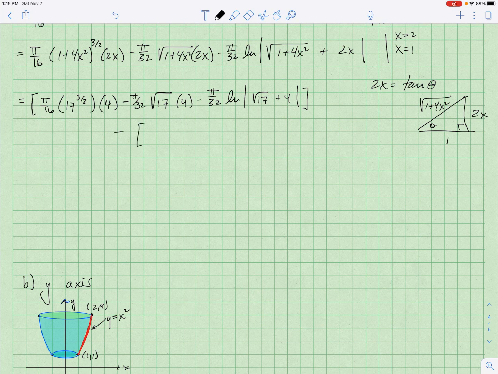Minus, when we plug in 1, we still get nothing nice. Pi over 16, 5 to the 3/2 times 2, minus pi over 32 times the square root of 5 times 2, minus pi over 32 times the natural log of the square root of 5 plus 2.